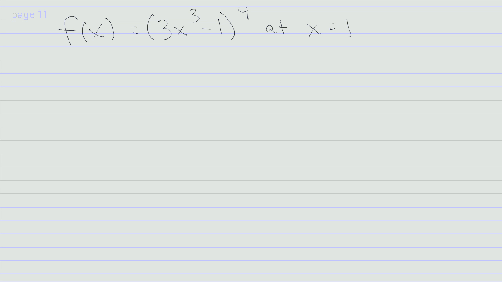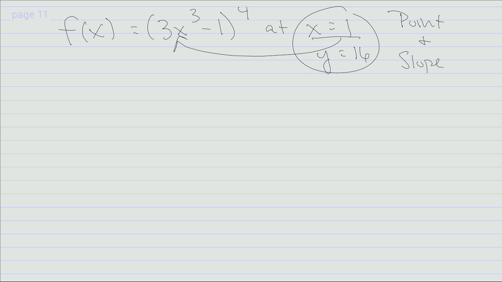Now, we know that in order to write an equation, we need a point and a slope. We have half the point, meaning here x is equal to 1, so let's find the y value to complete that ordered pair. To find y, plug 1 in here for x, and when we do that, we get y is equal to 16. So there's my ordered pair.